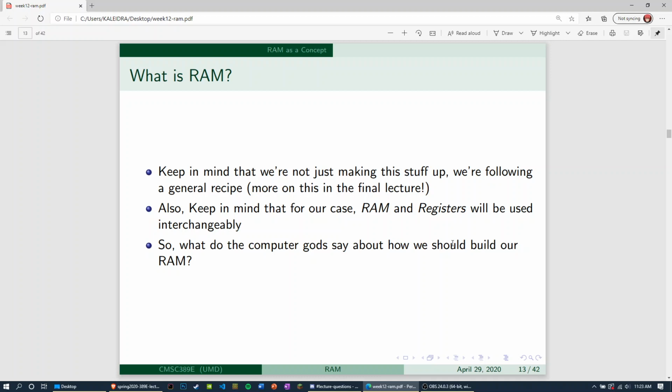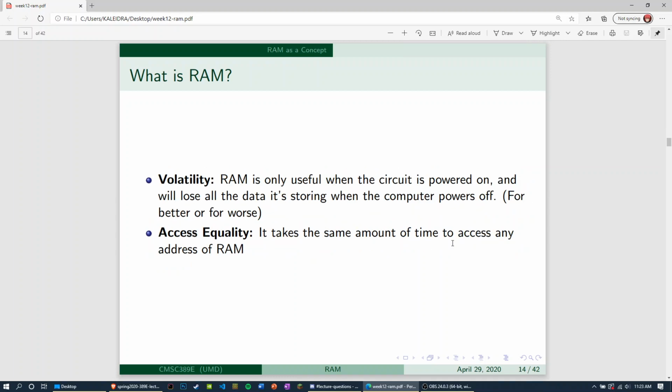So what do the computer gods say about how we should actually build our RAM, right? Here's the dealio. We need volatility, which means RAM is only useful when the circuit is powered on, and it will lose all data it's storing when the computer powers off, right? This is very neat. So in other words, RAM is not where you should store something that you need the next time you boot the computer, perhaps even the next time you open something up, right?